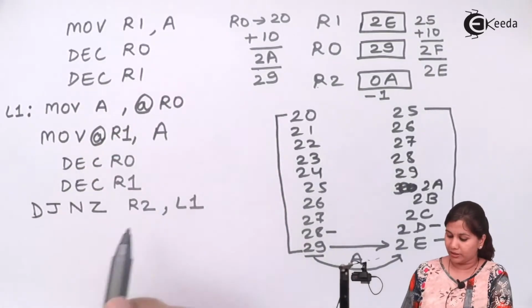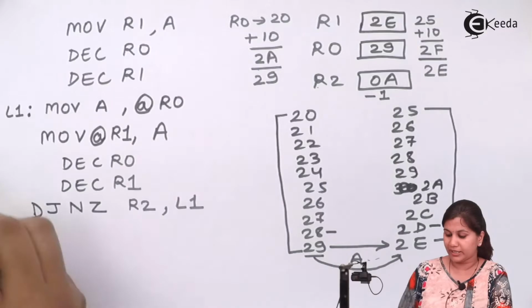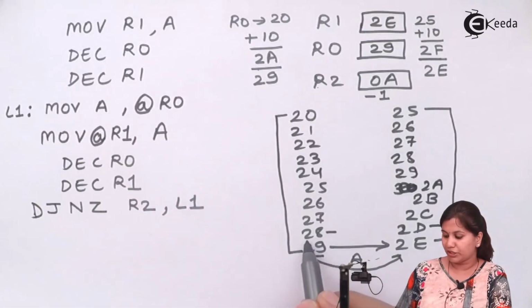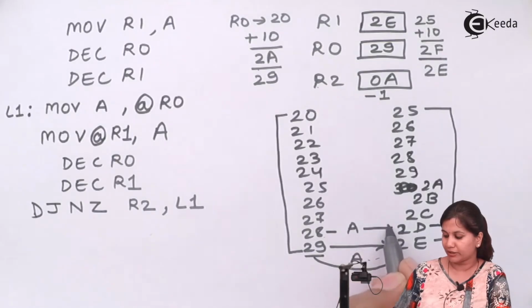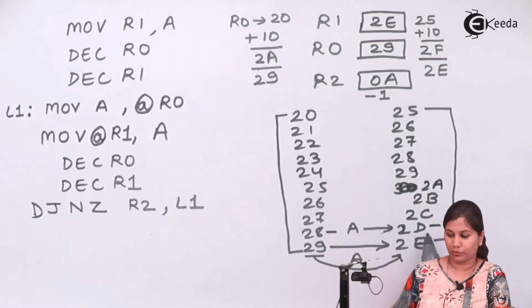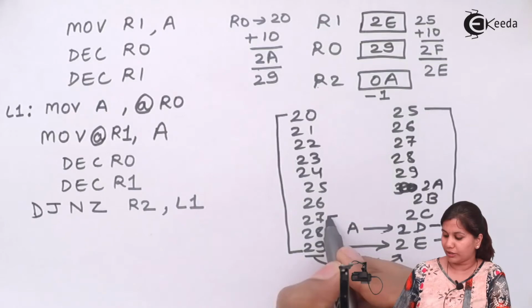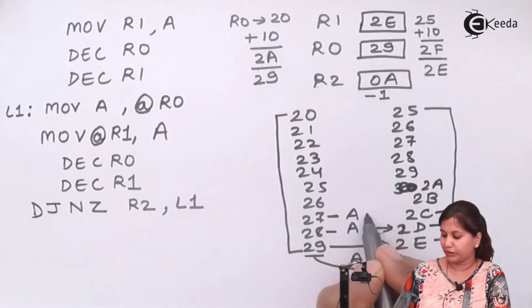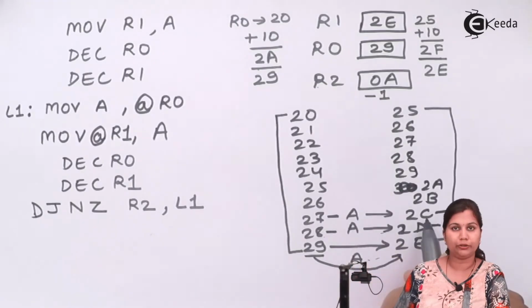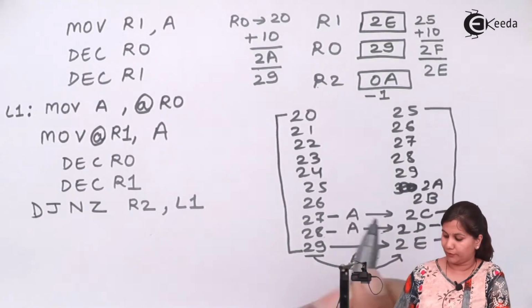Okay, because when it is not 0, the next step will be the number which is in 28, that is to be shifted into the accumulator, and the accumulator is stored at the next location. Again, R0 is decremented, R1 is decremented, the number is shifted into the accumulator, and then it is copied into the next memory location.